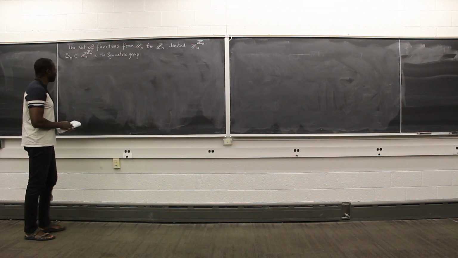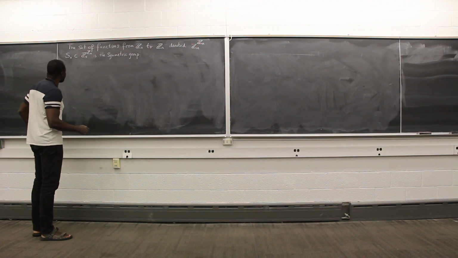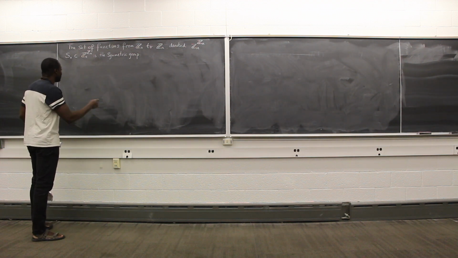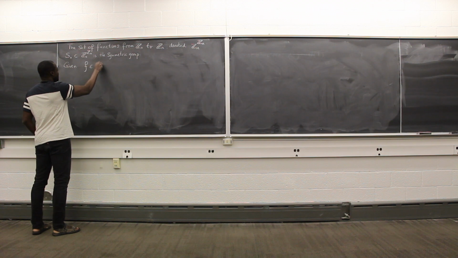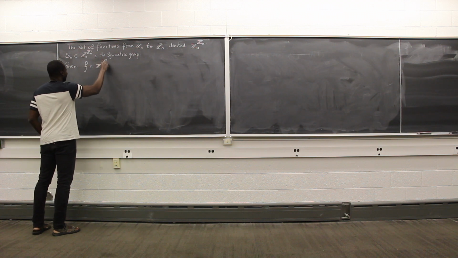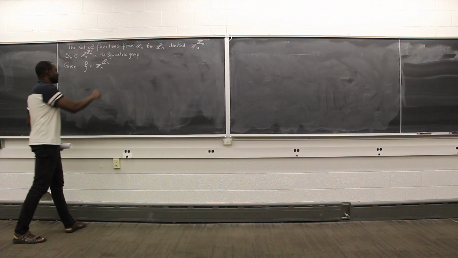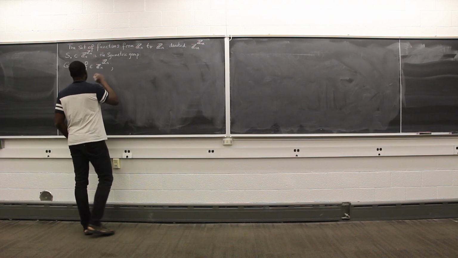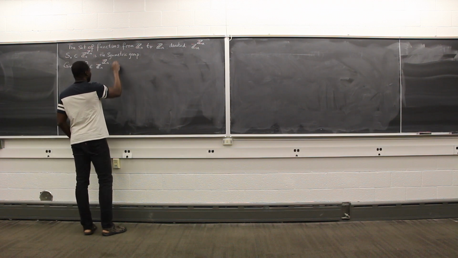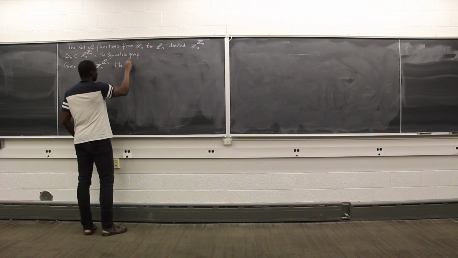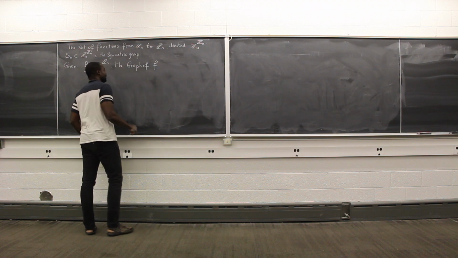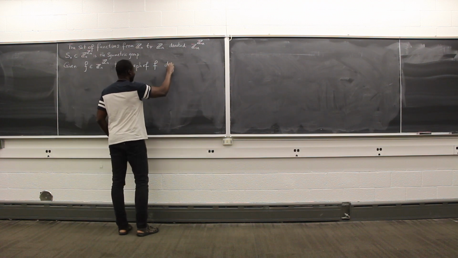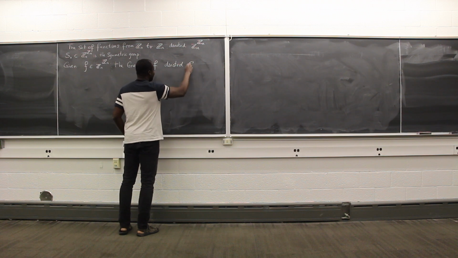Now, what are we going to talk about? We want to define the automorphism group of an element of Zn to the Zn. So given some function f in Zn to the Zn, we're going to associate with the function a graph, the graph of f, denoted Gf.